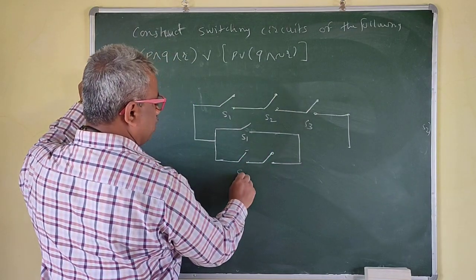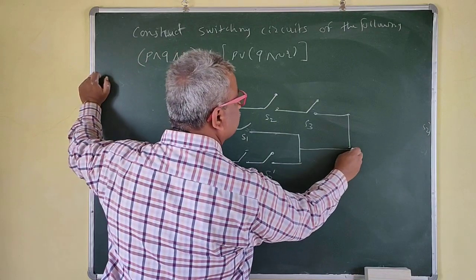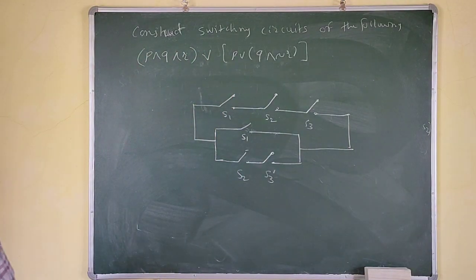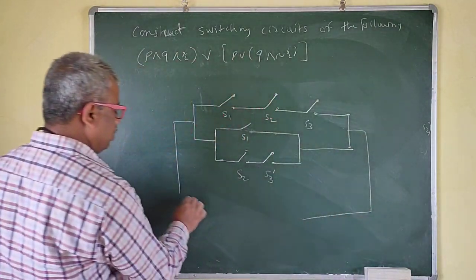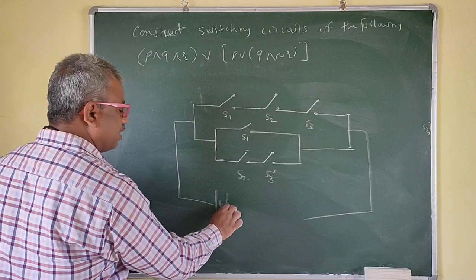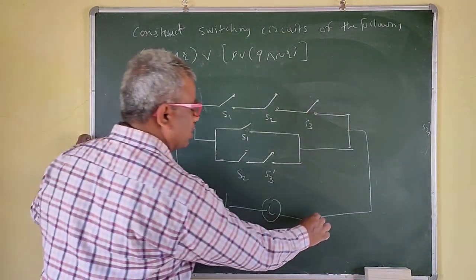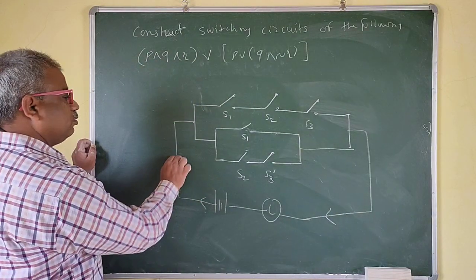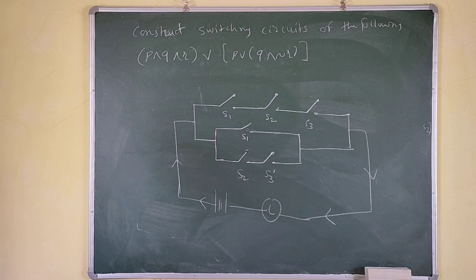Q is for S2 and this is negation R, that means S3 prime. This is your structure and you have to join it with your battery. This is your bulb. You will give the direction like this.